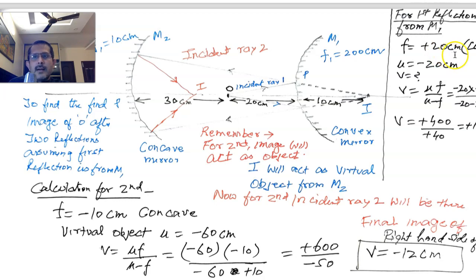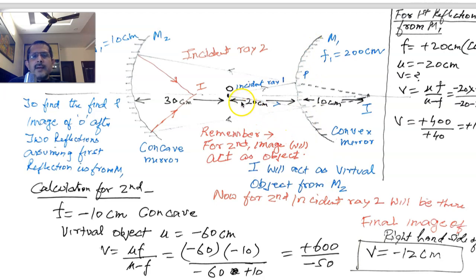Okay, guys, bear with me. This is not 200. This is 20. So this is a typo. My apologies for this. So f is equal to plus 20 centimeter, because as I said, for convex mirror, the focal distance is always 20 centimeter. Why?